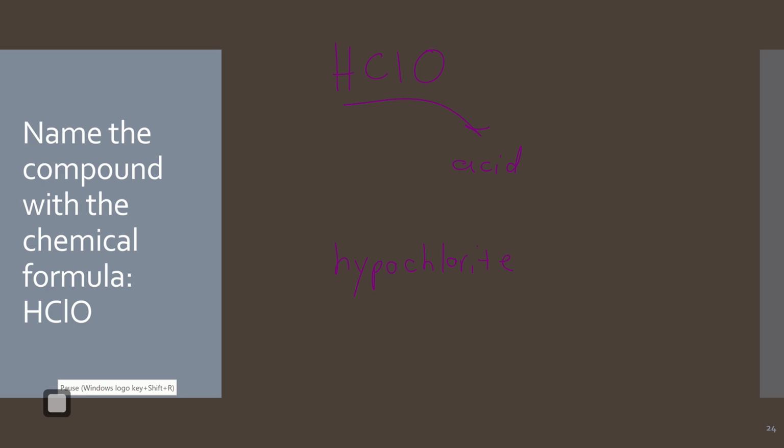I change ite to us, and I keep the rest of the name. So hypochlorous acid. This one would be perchloric acid. This one's going to be sulfuric acid. This one's going to be sulfurous acid.